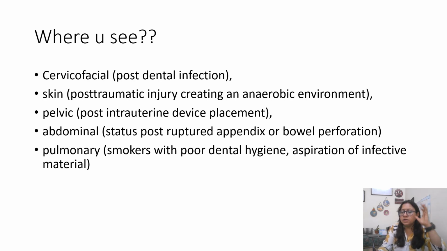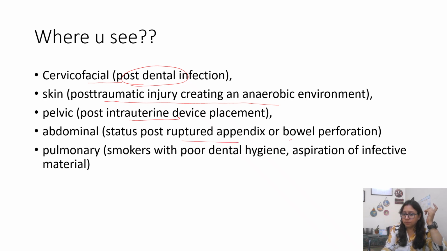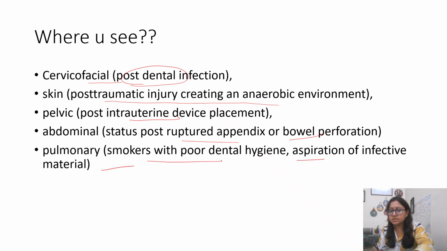So you see actinomycosis infection with low socioeconomic status, in IUCD patients, cervicofacial and post-dental infection, post-traumatic injury creating an anaerobic environment, post-intrauterine device placement, any kind of post-surgery like ruptured appendix or bowel perforation, and in smokers with poor dental hygiene, and aspiration of infective material.